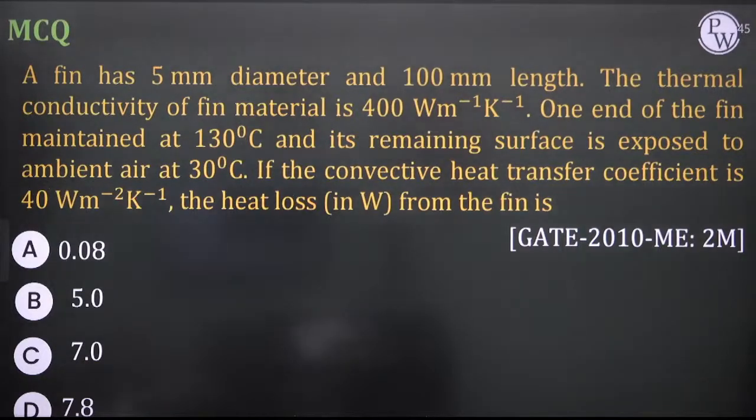Thermal conductivity of fin material is 400 watt per meter Kelvin. One end of the fin is maintained at 130 degrees Celsius and its remaining surface is exposed to the ambient air, which is at 30 degrees Celsius. Convective heat transfer coefficient is 40 watt per meter square Kelvin. What is the heat loss from the fin?